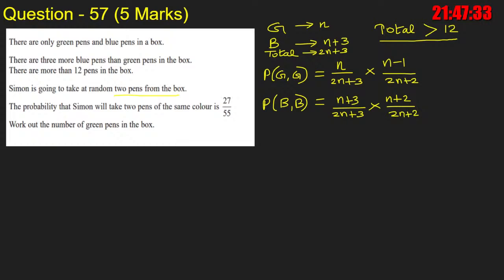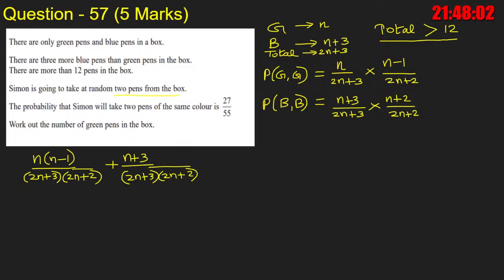So whatever the answer coming here, it is going to be n times n minus 1 over 2n plus 3 times 2n plus 2, plus n plus 3 over 2n plus 3, 2n plus 2, and I put them into the bracket, n plus 2, equal 27 over 55.